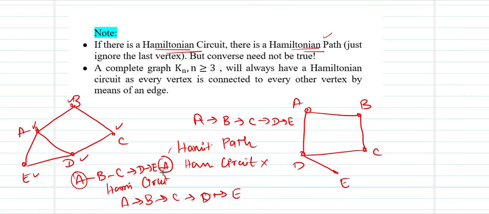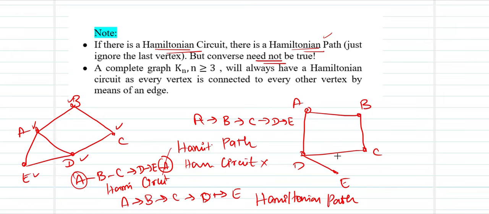So when you ignore the starting point A, what you have in hand is going to be a Hamiltonian path. So the concept says if there is a circuit, for sure you will be having a path by just deleting the repeating or the starting vertex alone. But the converse need not be true.